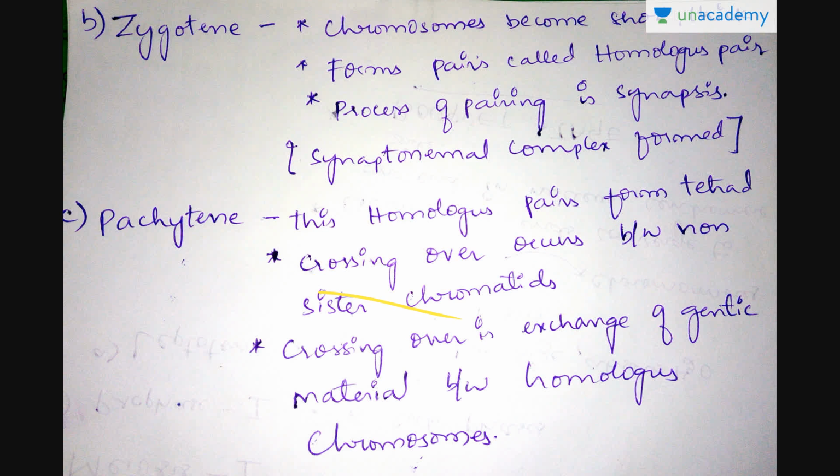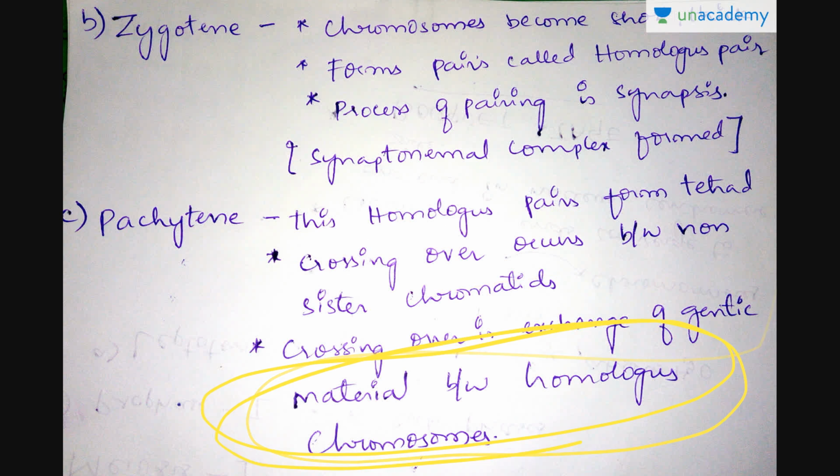This crossing over is nothing but the exchange of genetic material between homologous chromosomes. So in the pachytene stage, the homologous pairs form tetrads, that means the two chromosomes of each form a pair. The crossing over occurs between non-sister chromatids and it is the exchange of genetic material between homologous chromosomes.